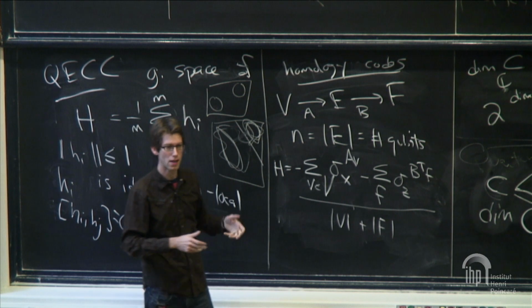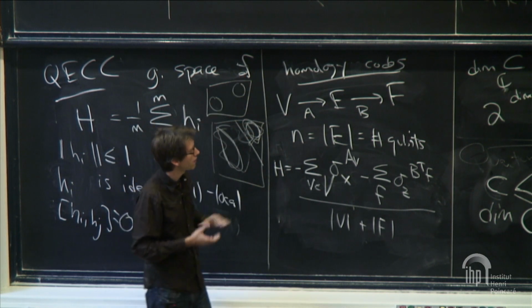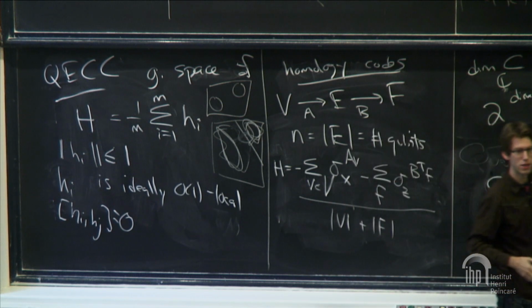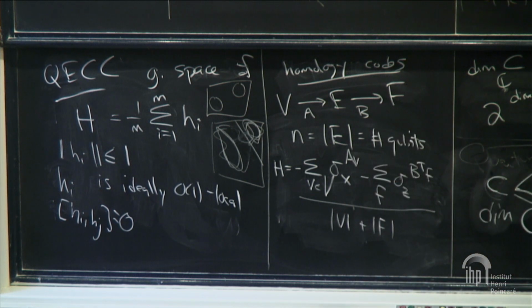The second thing we do is we come up with a new kind of homology code based on using expander graphs, such that even if you delete a constant fraction of the qubits, the state remains non-trivial. With things like the toric code, the state is non-trivial, but if you delete a constant fraction of the qubits, it becomes trivial. We give something where even if you delete a constant fraction of the qubits, the state remains non-trivial.